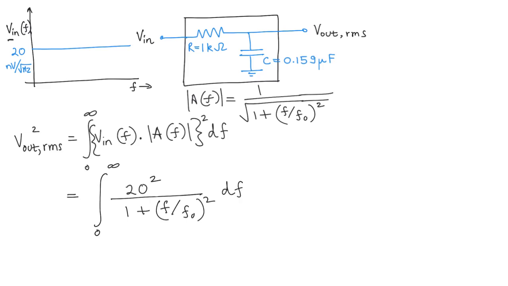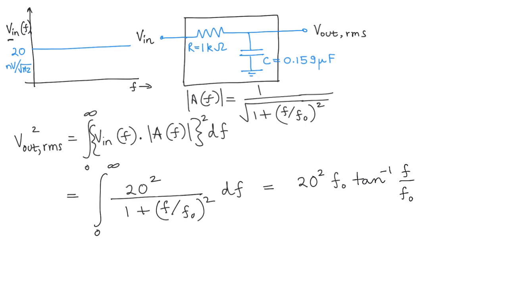So if I integrate this from 0 to infinity, what do I get? Again, let me just write this without any proof. I'm sure you will be able to do the integration. What you get is tan inverse f by f naught.